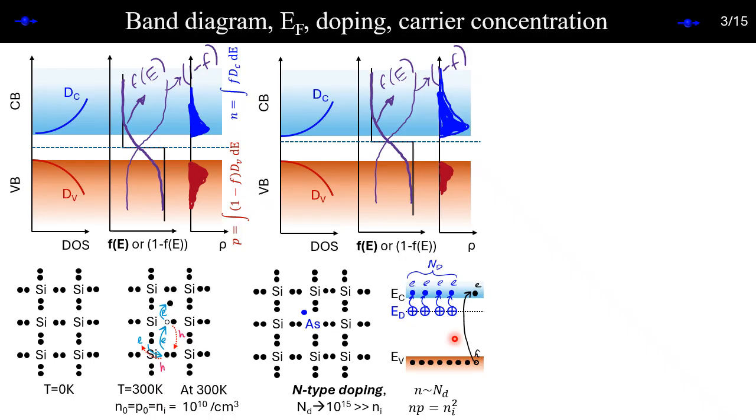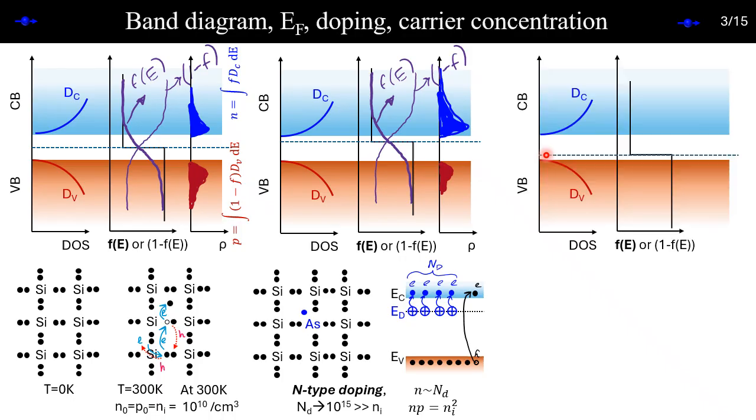What is the other way around? For the p-type material, what do we expect? We need more holes, right? If we need more holes, meaning now we need to increase this overlap, right? So we'll shift this Fermi energy level towards the valence band. Something like this.